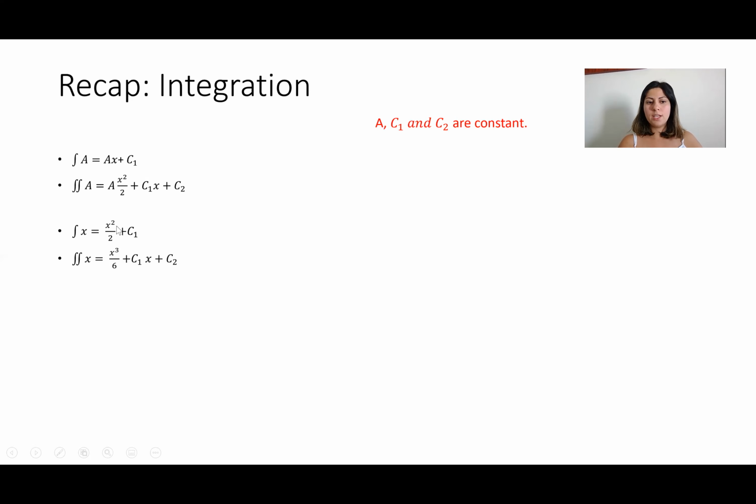And if you integrate this twice, you will get x cubed divided by 6 plus c1 x plus c2, which is constant again. So in this part, we just need first integration and double integration. Just practice these two.